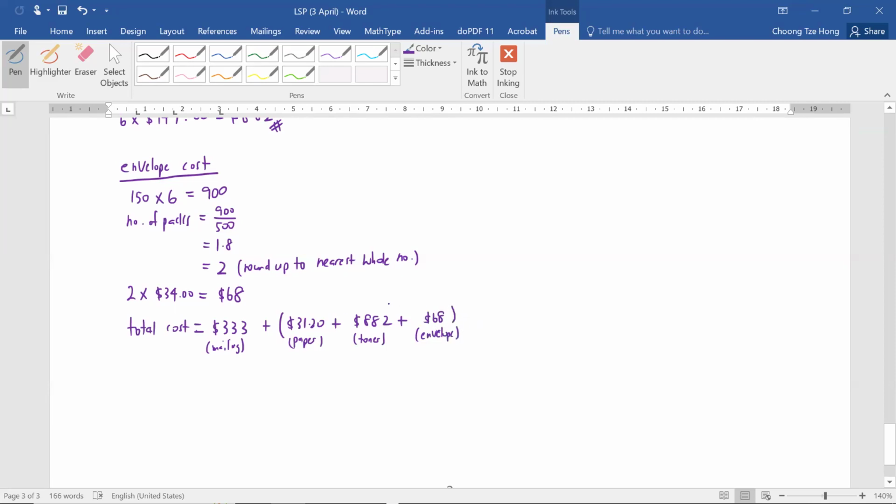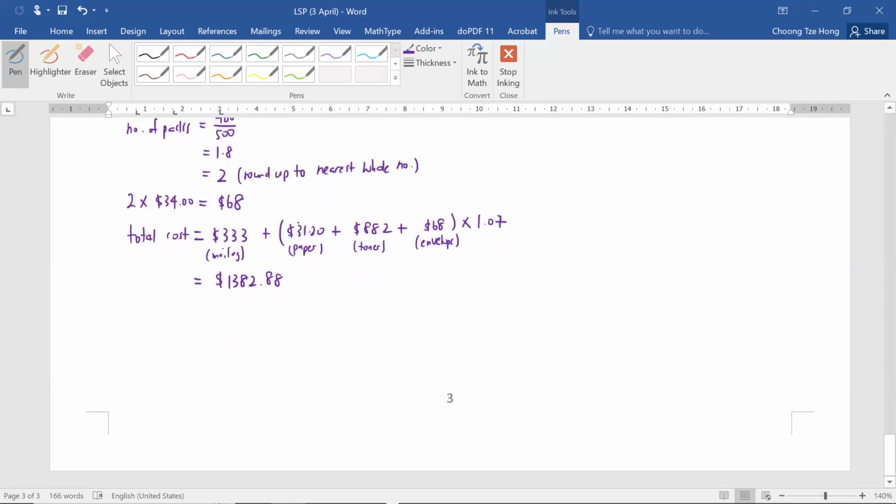Then this three has not calculated GST, so we have times 1.07 to include the 7% GST. From here you will calculate the total cost to be $1,382.88, right? So this is the total cost.